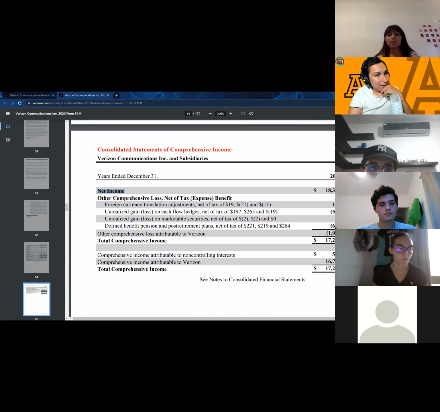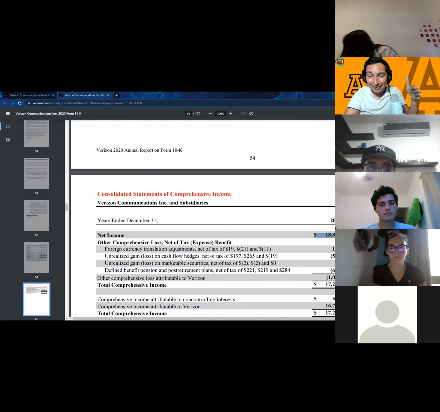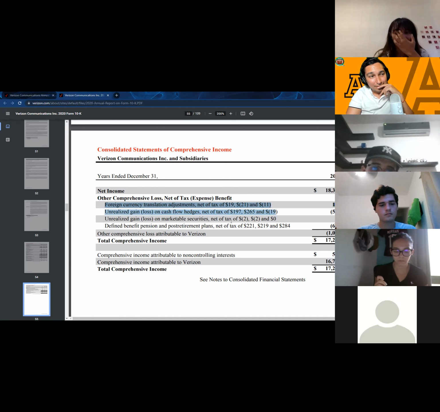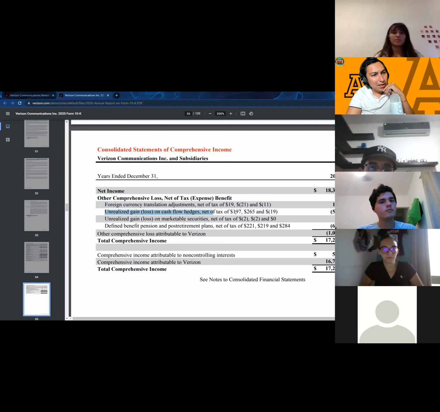Net income. After the net income, we saw that from the net profit, the last account is always the net income. But after the net income, you see other comprehensive income or losses, net of tax. And what do you see in here? Foreign currency translation adjustments. Unrealized gain and cash flow from hedges, more advanced.